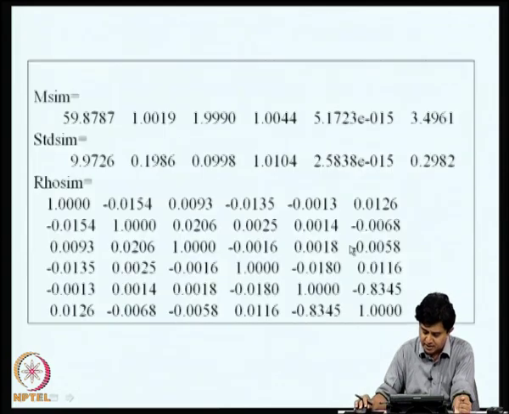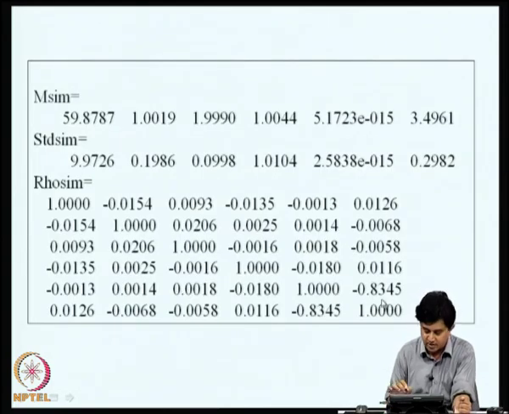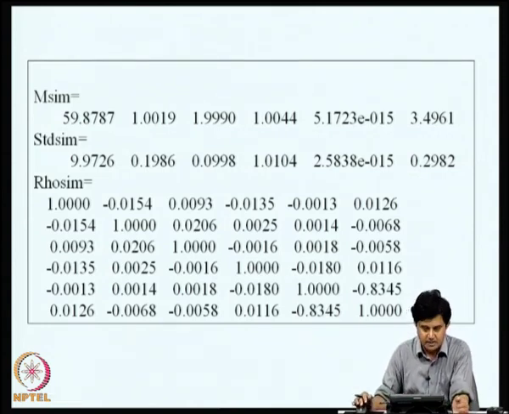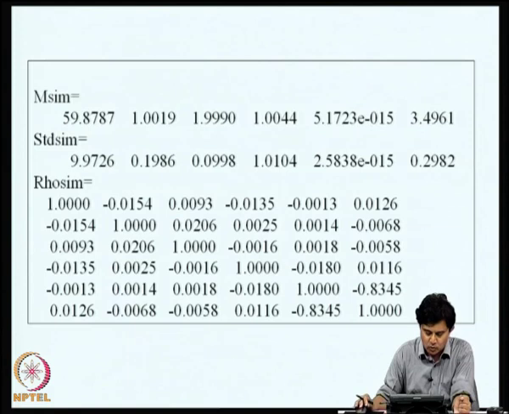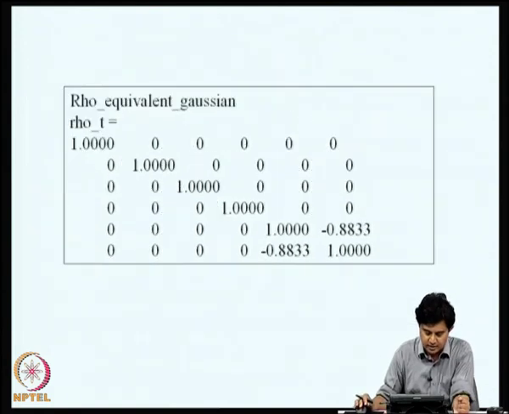This is the equivalent Gaussian, and this is 0.8345 instead of 0.835 that we are getting through simulation. So, this partial set of results should help you to check if you are doing your calculations right, especially this intermediate step of finding the equivalent rho for the Gaussian random variables.